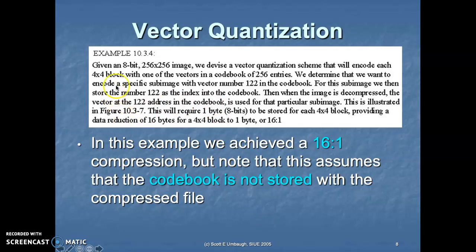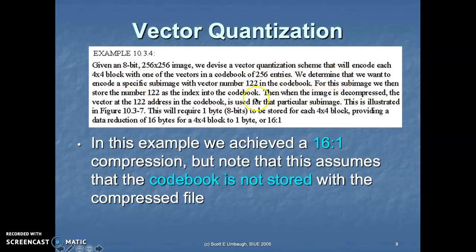For example, you have an 8-bit image with the size of 256 times 256. Then we devise a vector quantization scheme that will encode each 4x4 block with one of the vectors in a code book of 256 entries. So let's say you have 256 rows and 256 columns, then you will divide it into 4 times 4 blocks.